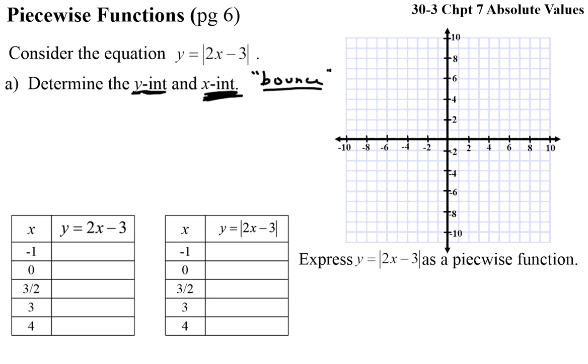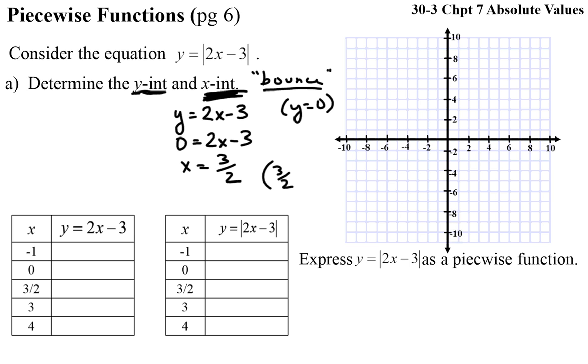That's what's key. So when y equals just 2x minus 3, we want for the x-intercept y to equal 0. So when y equals 0, we get 2x minus 3 equals 0. Isolate the x. x is 3/2. So our x-intercept is at (3/2, 0).